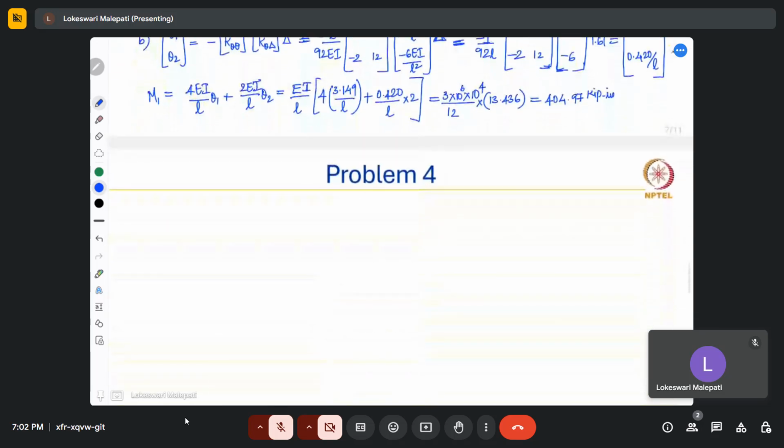So now we got the moment at one end, which is 404.97, and here also we need to find out the moment.